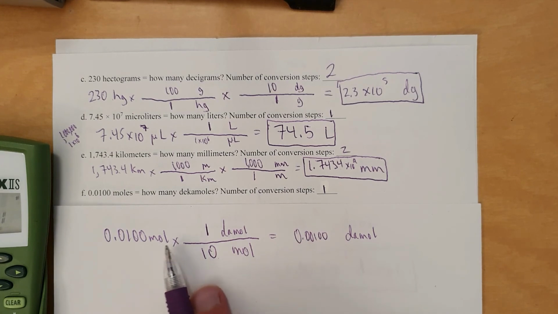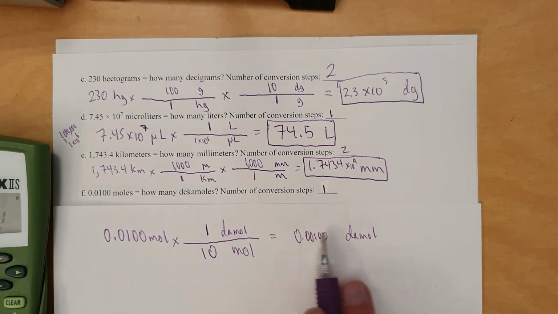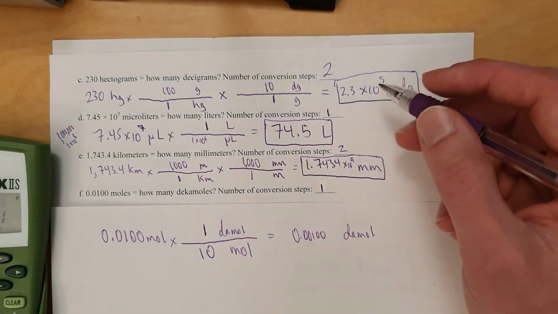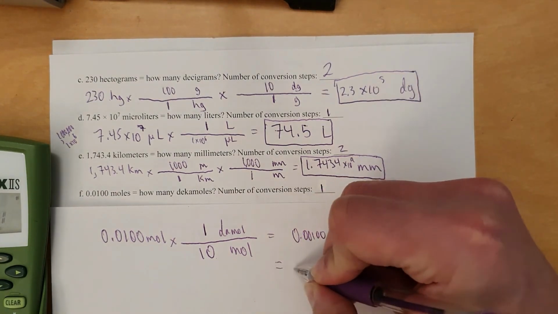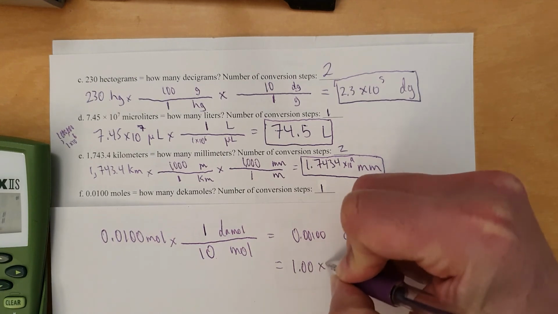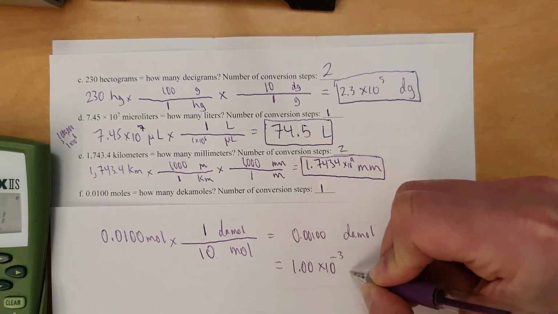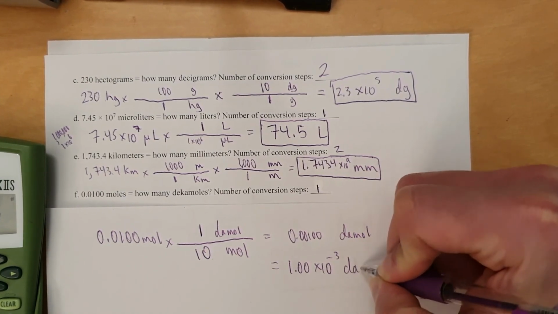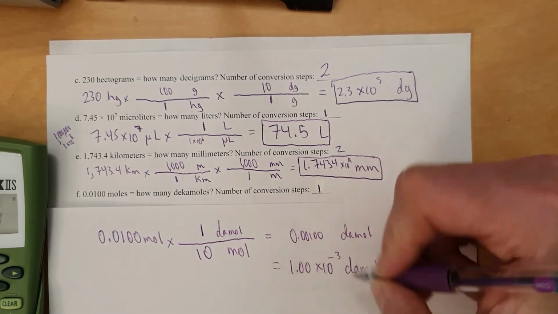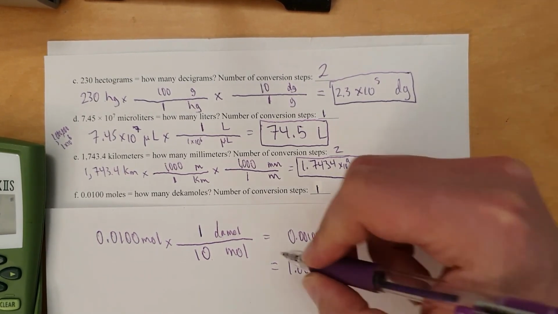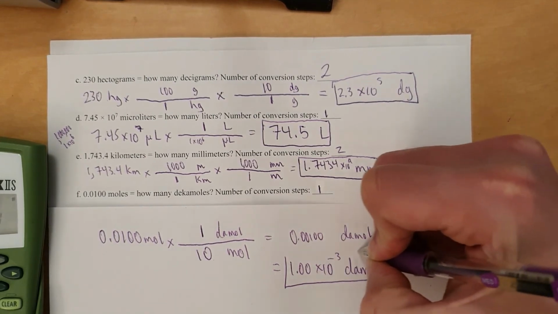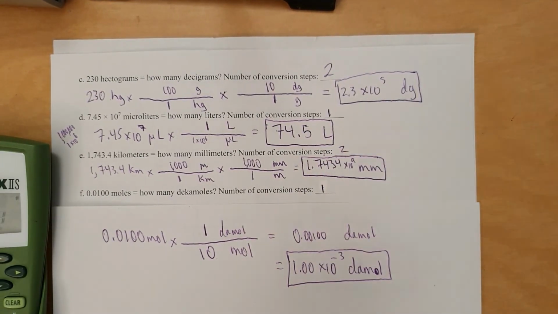So what that means is that we have infinite sig figs, 3 sig figs, so make sure you got 3 sig figs right there, which this is 3 sig figs, though of course we need that as scientific notation. So that would be 1.00 times 10 to the -3rd decamoles, which is abbreviated as dam. Oh, wrong letter of the alphabet. Okay, there we go. And then boxing that as our final answer, that should be good to go.